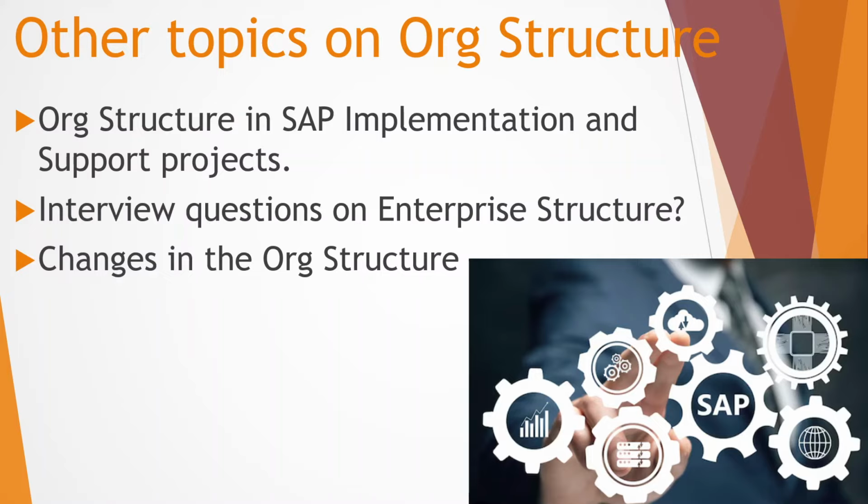Remember, one more point is changes in the org structure. Changes in an org structure which is already being used are very difficult. If you change the relationship between two items in a production system, it can create a lot of issues, a lot of problems, and it can virtually shut down your system sometimes.